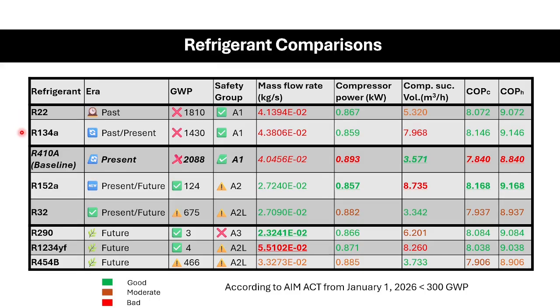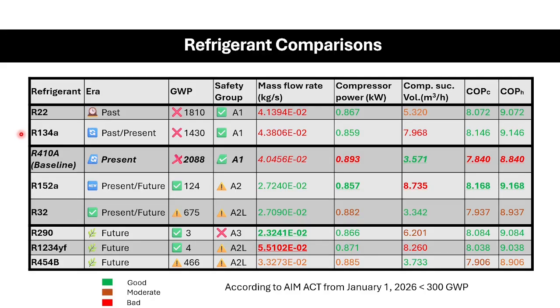R134A has a similar story of high GWP value of 1430 and A1 safety category. It has a higher mass flow rate, less power consumption and high volumetric flow rates, and it also has good COP values. Both these past refrigerants have good efficiency but they are environmentally outdated.